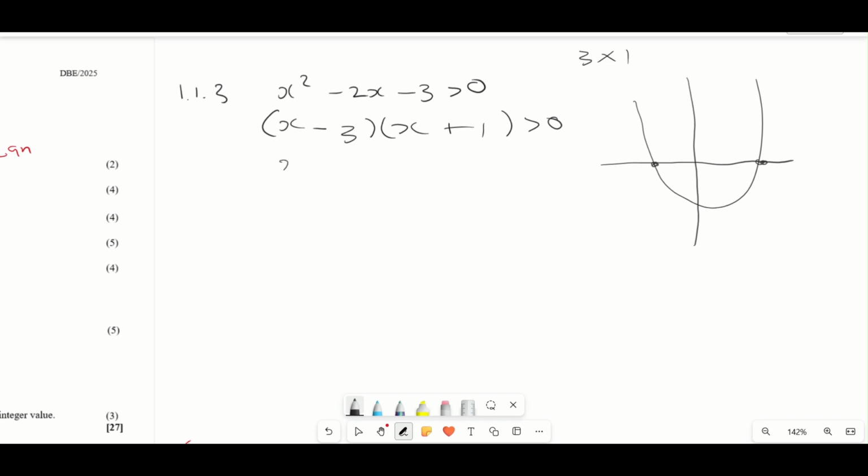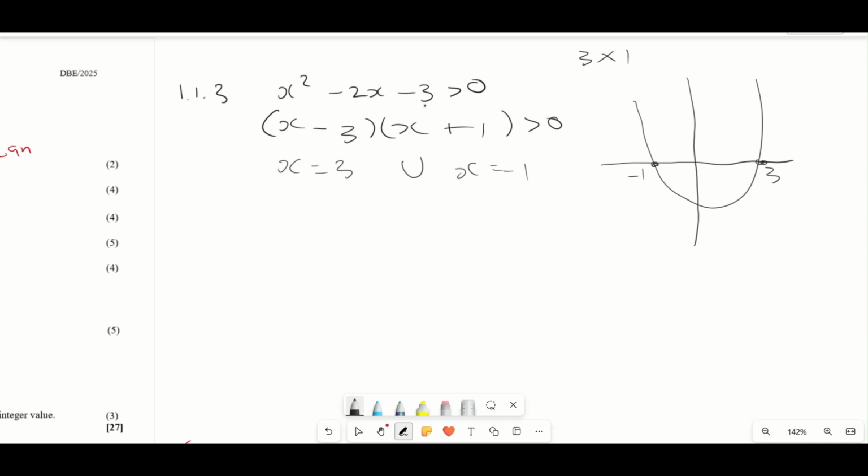What are the two roots? My two roots are x equal to 3 and x equal to negative 1. So I have x equal to negative 1 and x equal to 3, right? So you actually don't have to draw this graph to scale or write these values.